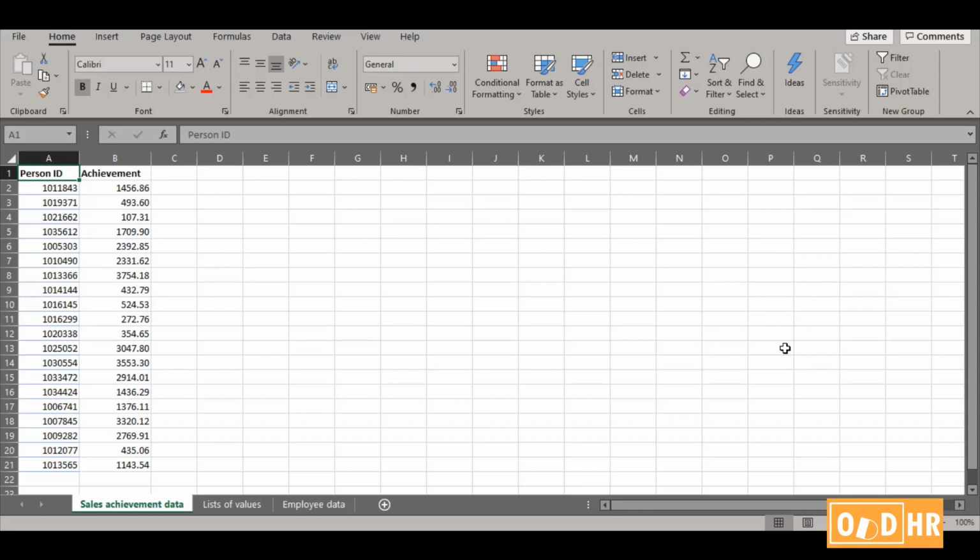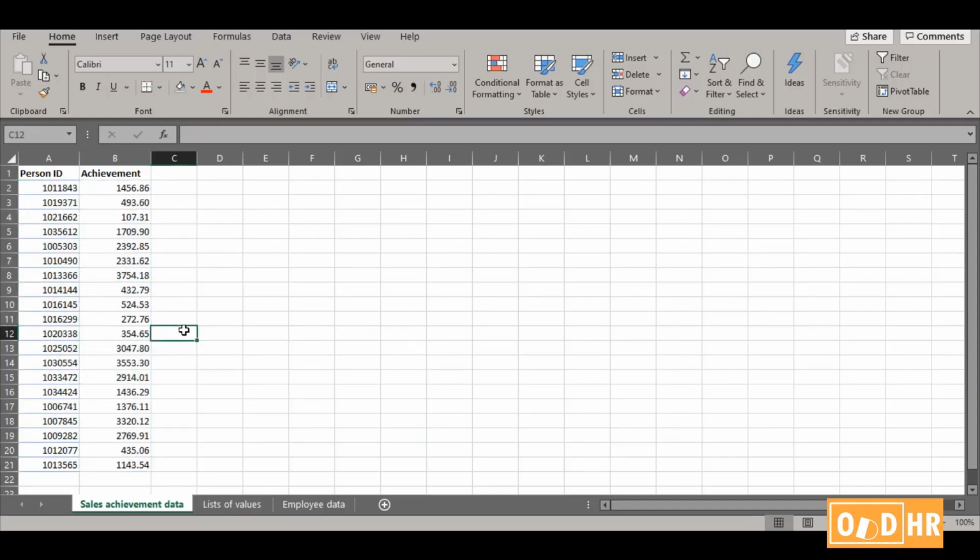What we have over here is the sheet known as XLOOKUP practice dataset, and within this you have 3 different tabs of data. So let's start with the first one. This is known as the sales achievement data, and in this sheet you have person IDs of 20 employees and their sales achievement data.